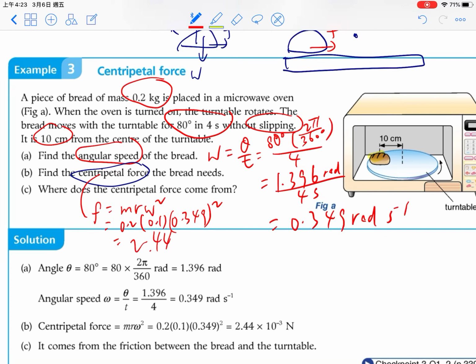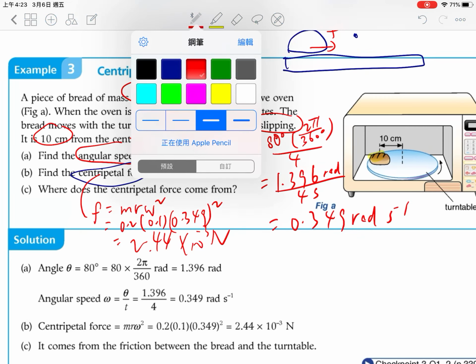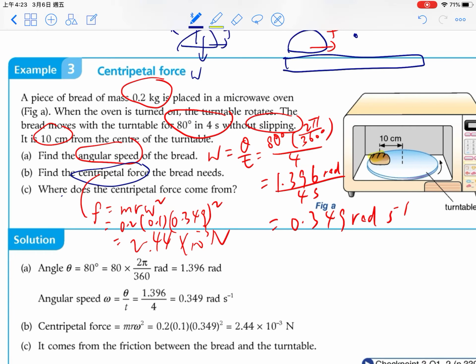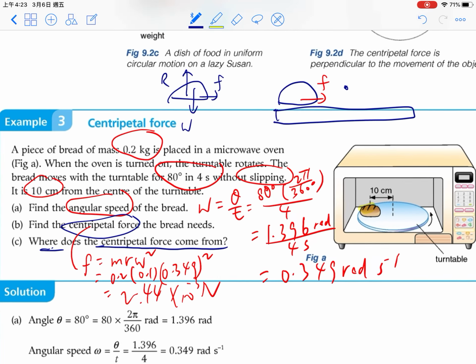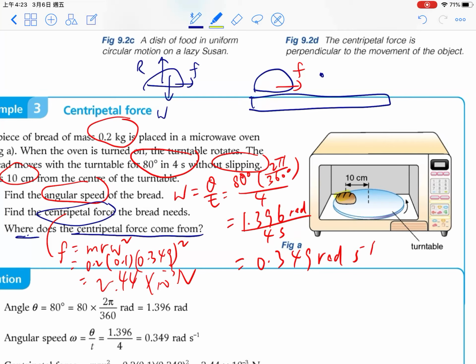Then we get the answer 2.44 times 10 to the power minus 3 newtons. And the last part, where does the centripetal force come from? From the picture, it comes from friction.